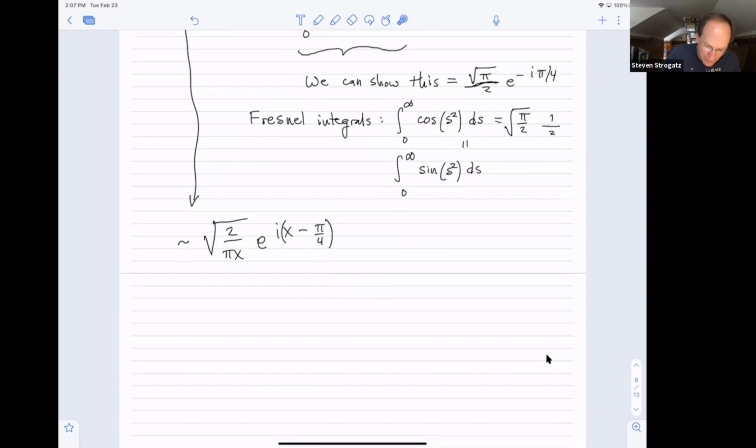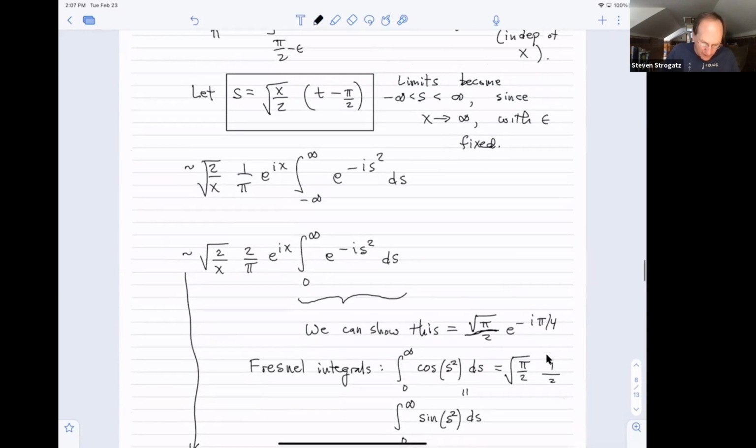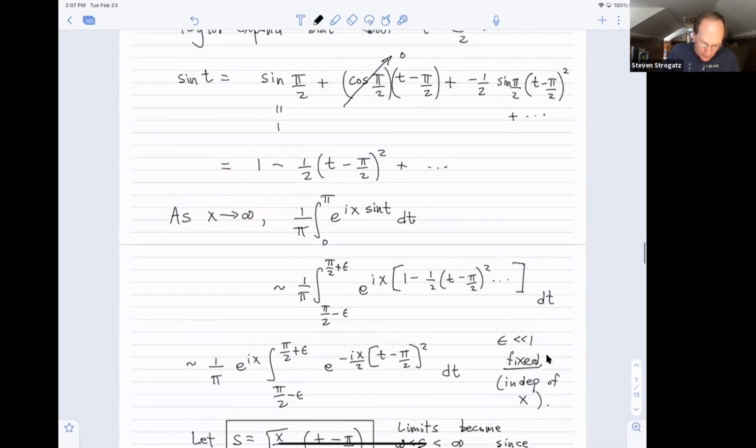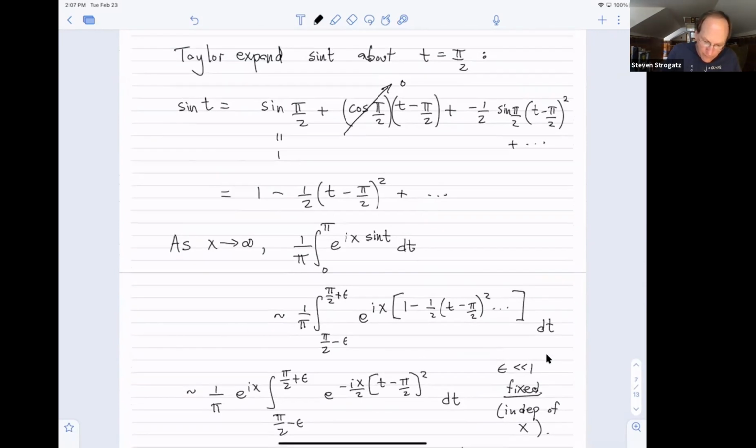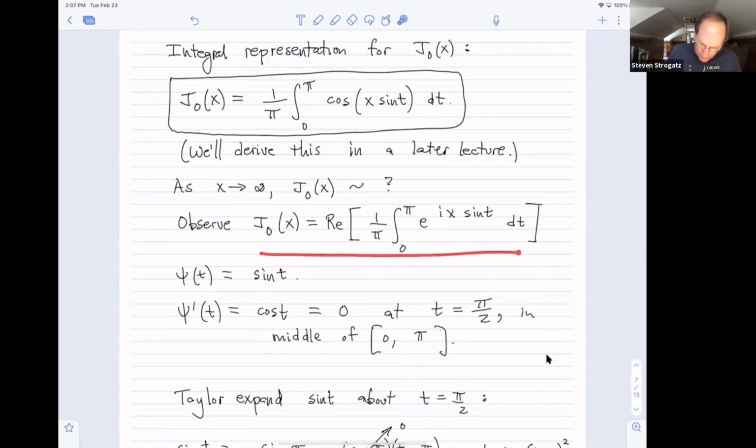We had been working without doing the real part. Let's just go back up in the chain of reasoning. All these asymptotics are for this expression, which is the thing whose real part is what we're interested in.